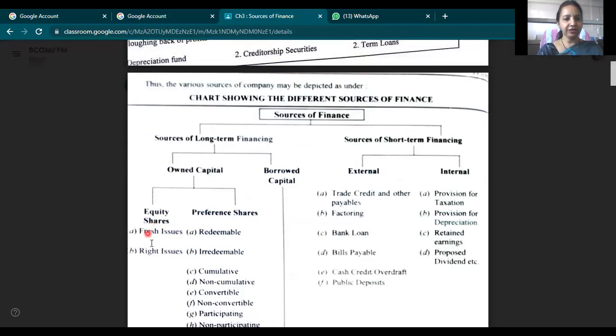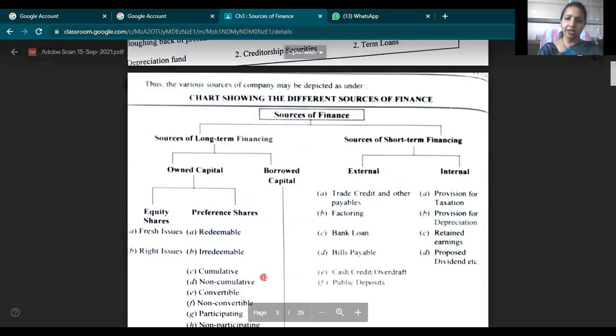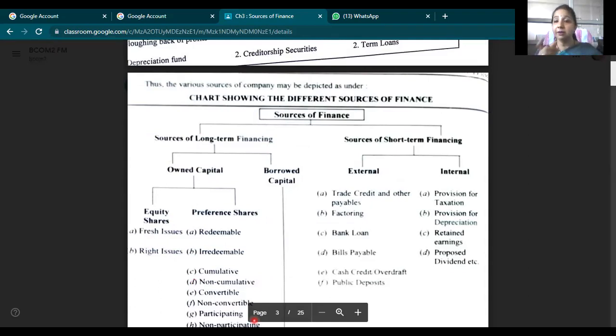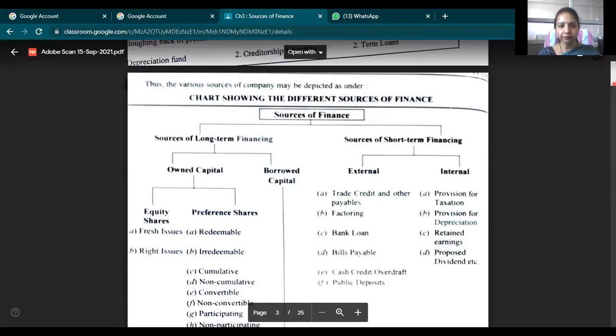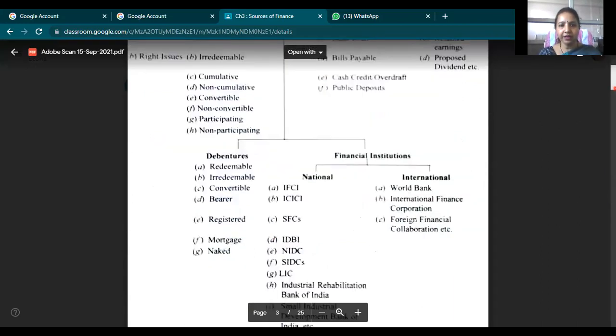Equity share means fresh issues or rights issues, and in preference shares all types: redeemable, irredeemable, cumulative, non-cumulative, convertible, non-convertible, participating, non-participating, all kinds of preference shares will be part of owned capital. And what will be in borrowed capital? See, borrowed capital.